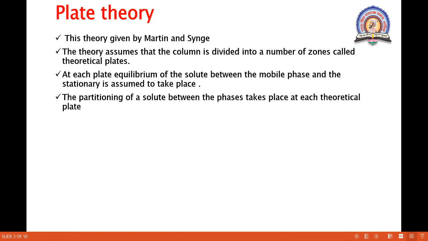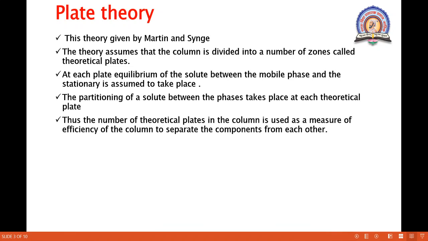The partitioning of the solute between the phases takes place at each theoretical plate. Thus, the number of theoretical plates in the column is used as a measure of efficiency of the column to separate the components from each other.